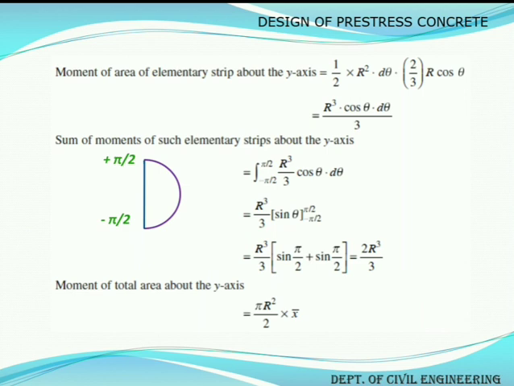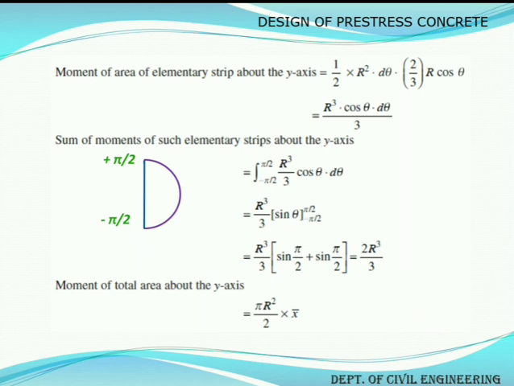Therefore we get the moment of that single triangle, with respect to the vertical axis which is our reference, as r cube cos theta d theta divided by 3. So it's a bit tedious process. Concentrate and understand. If you don't get this, contact me today itself.